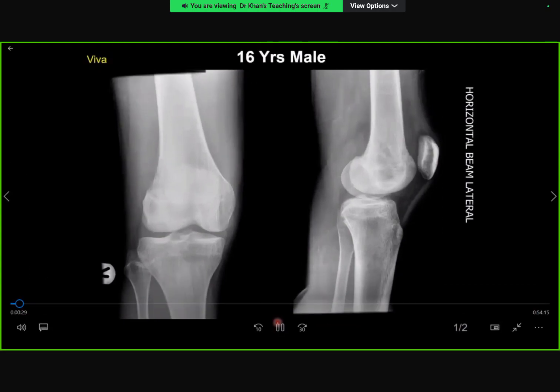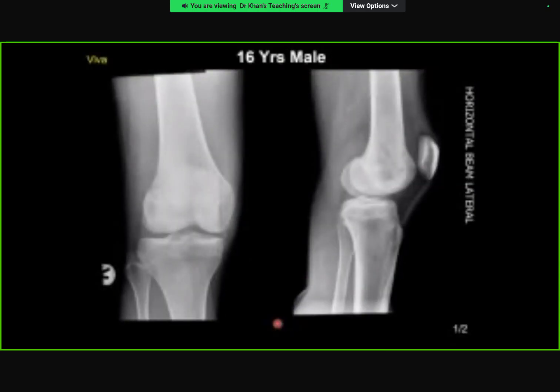There appears to be an abnormality centered on the distal femur, where it's quite ill-defined, but there seems to be some permeative bone loss within the medullary cavity, quite centrally located.